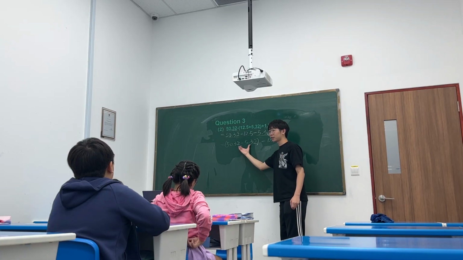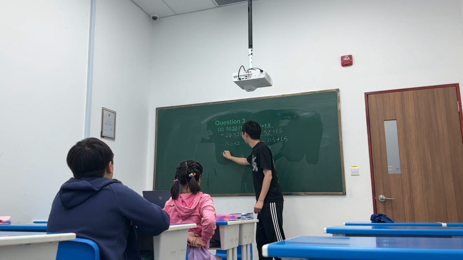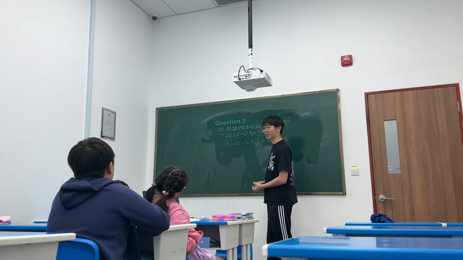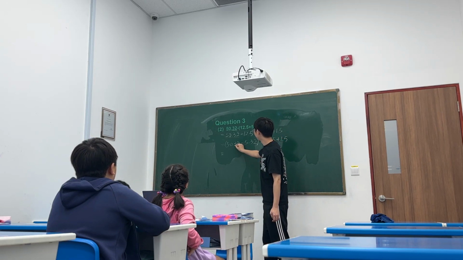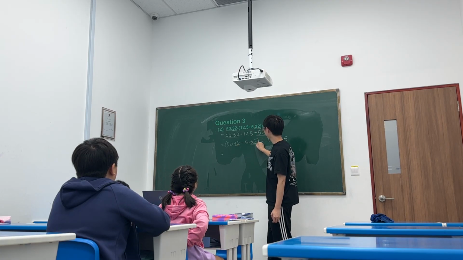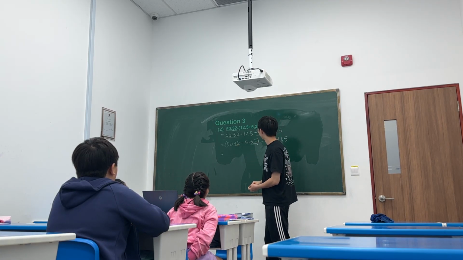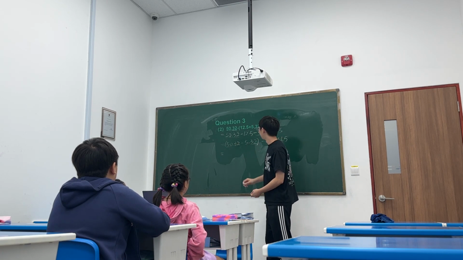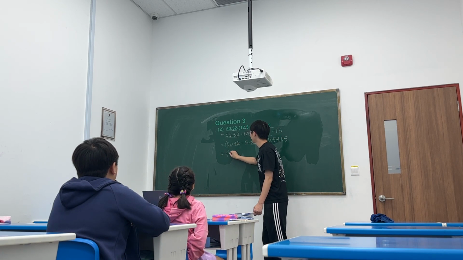What is this result, Charlotte? First of all, 0.32 and 0.32, they cancel out, right? 0, 0, right? How about this one? 50 minus 5? 45. So this will directly become 45.